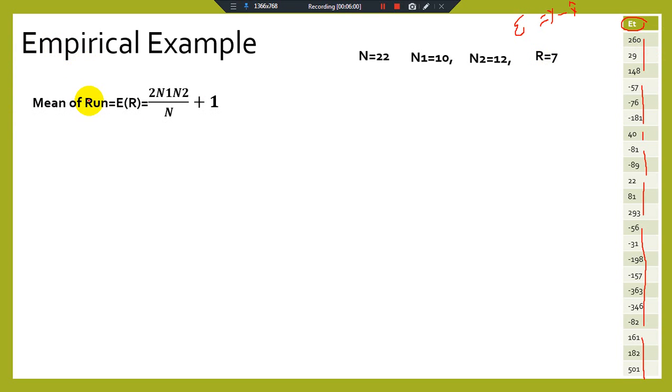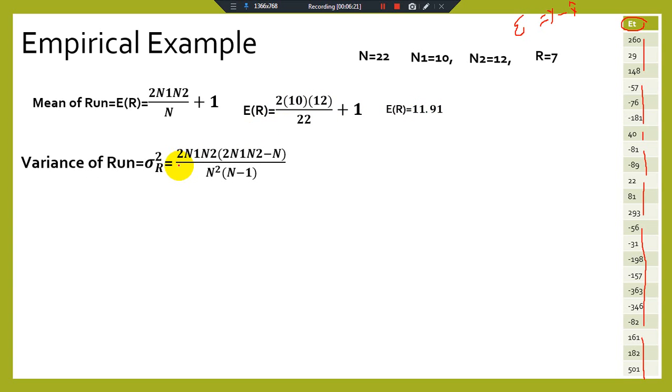The mean of runs, the expected value of runs, is equal to 2n1n2 divided by n, plus 1. We put these values into the formula and we get the mean value of runs equal to 11.91.